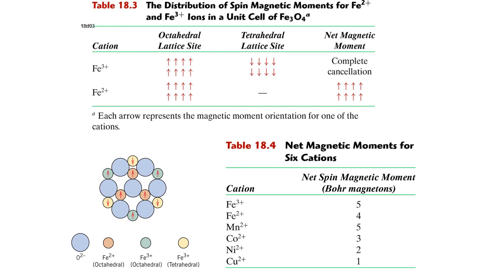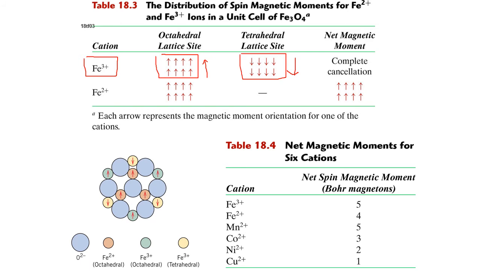This is the distribution of spin magnetic moments for Fe2+ and Fe3+ ions in a unit cell of Fe3O4. If we look here, the Fe3+ cations have 8 upward dipole moments on the octahedral lattice sites, and 8 downward dipole moments at the tetrahedral lattice sites.